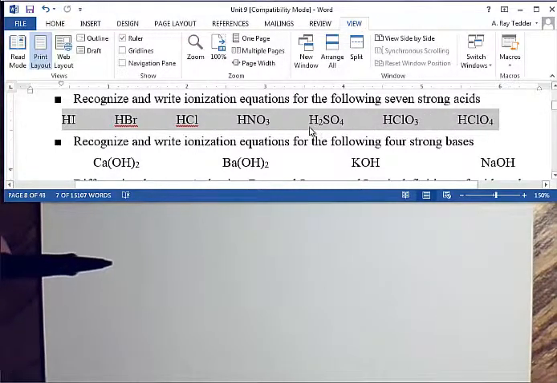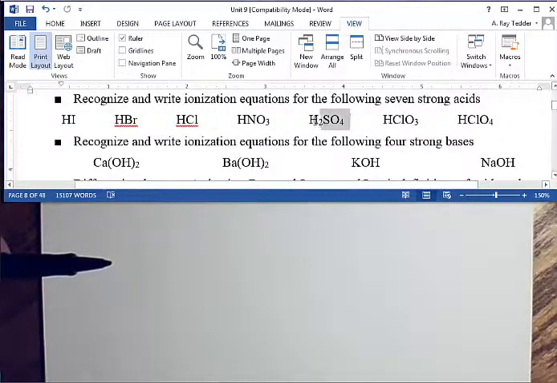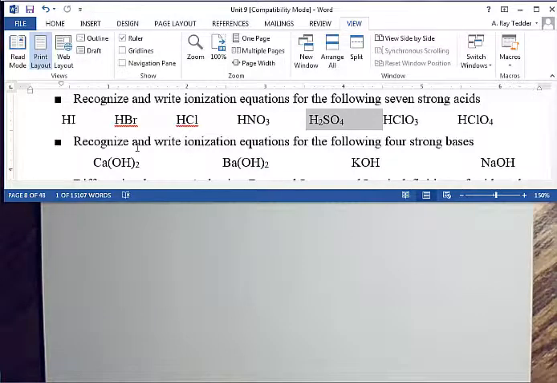Notice only one of these acids has two hydrogens that can dissociate. That's this sulfuric acid here. All these others have just one hydrogen that dissociates. The only strong acid that has two hydrogens that dissociate is sulfuric acid.